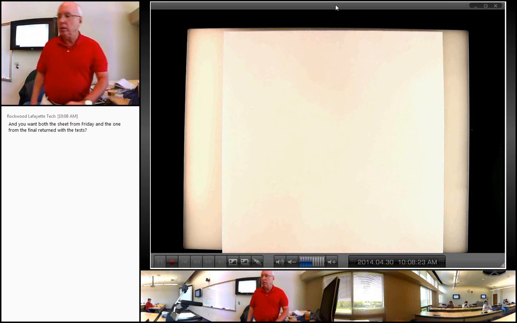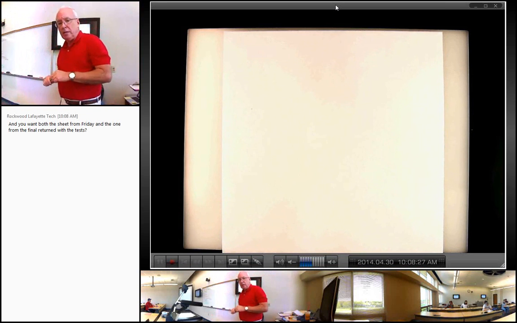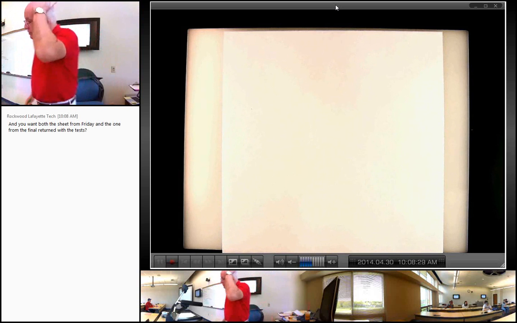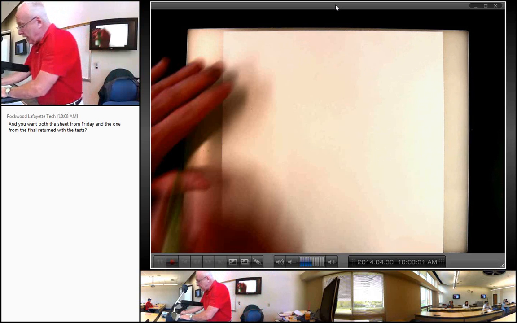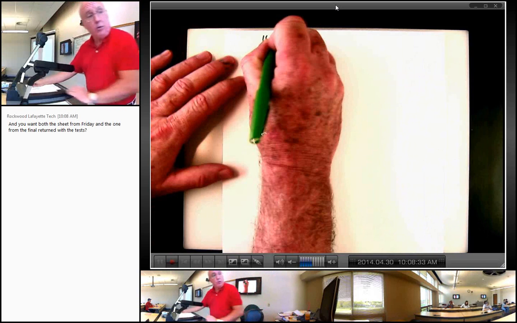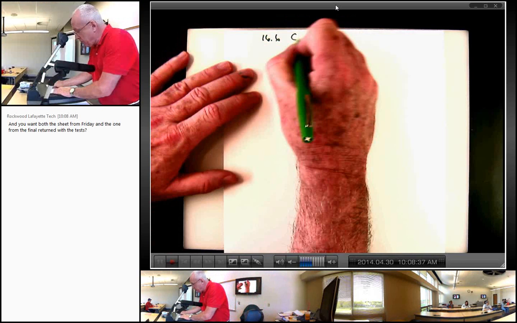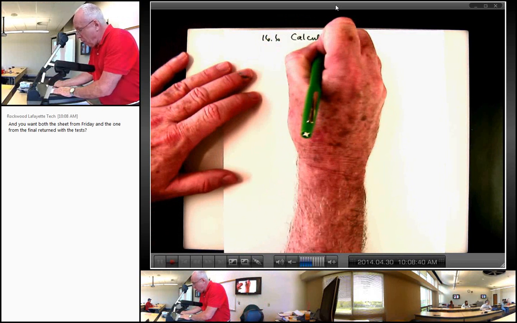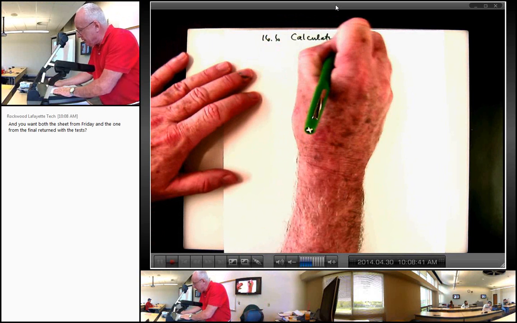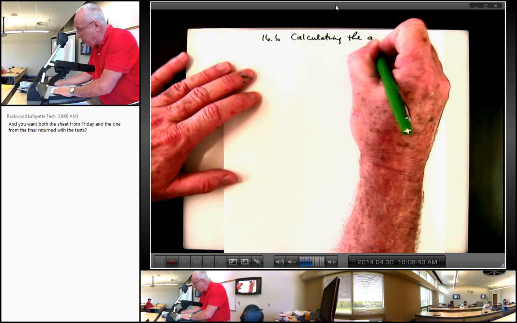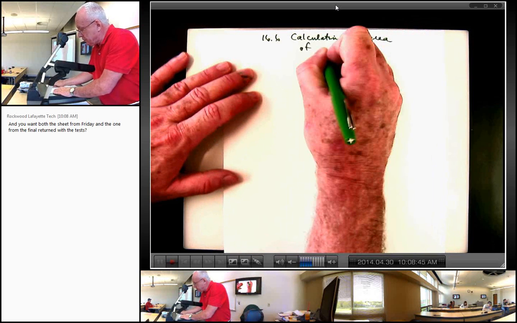All right. So where we are here is we're finishing up the last part of section 16.6, and we're talking about calculating surface area, or put it this way, calculating the area of a surface.